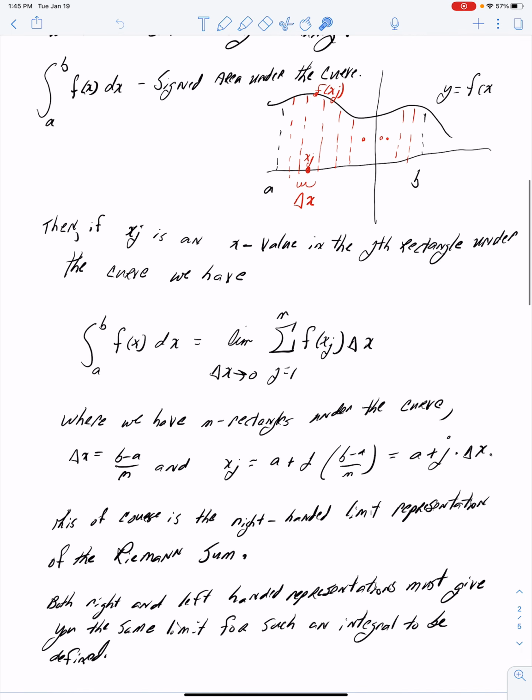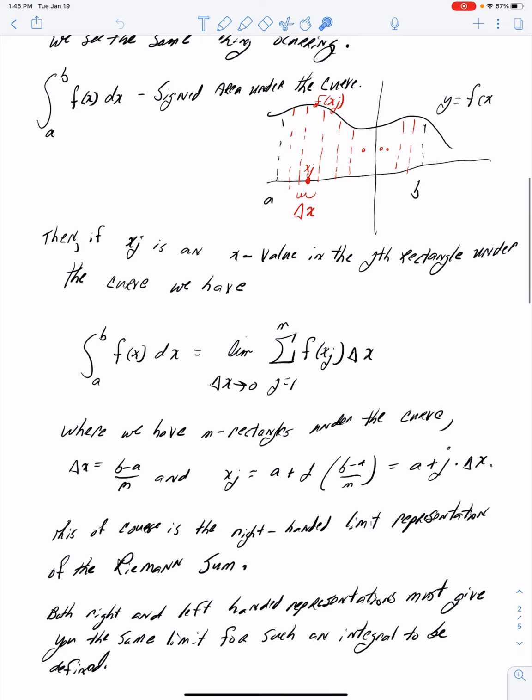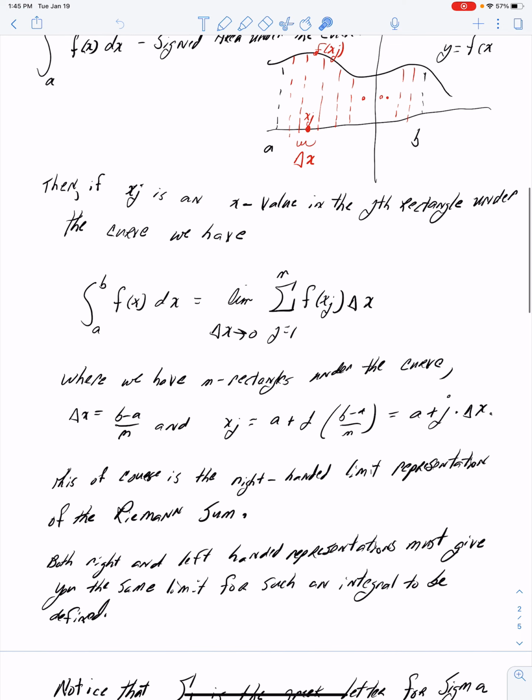So how is a definite integral defined? Well, as a Riemann sum. So you take one of these small little differential rectangles of width what? Dx, and height what? F of x, and you add them all up.